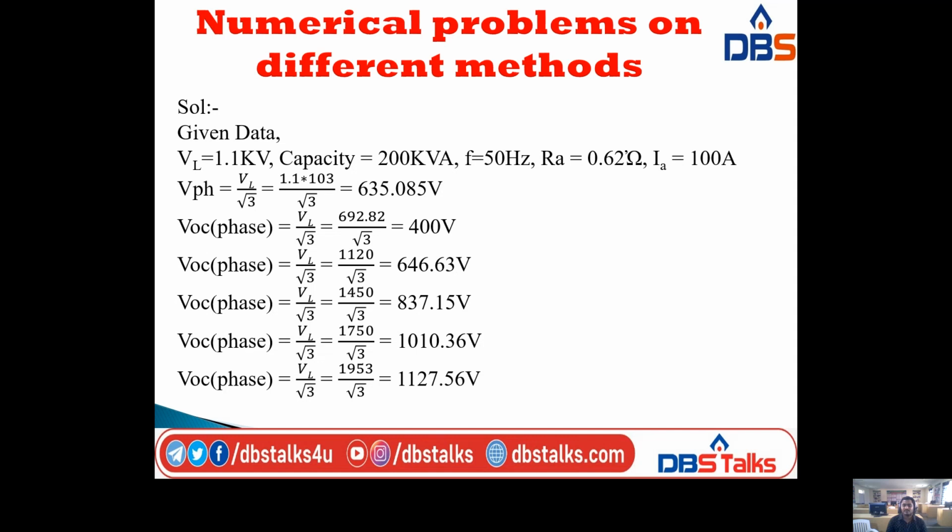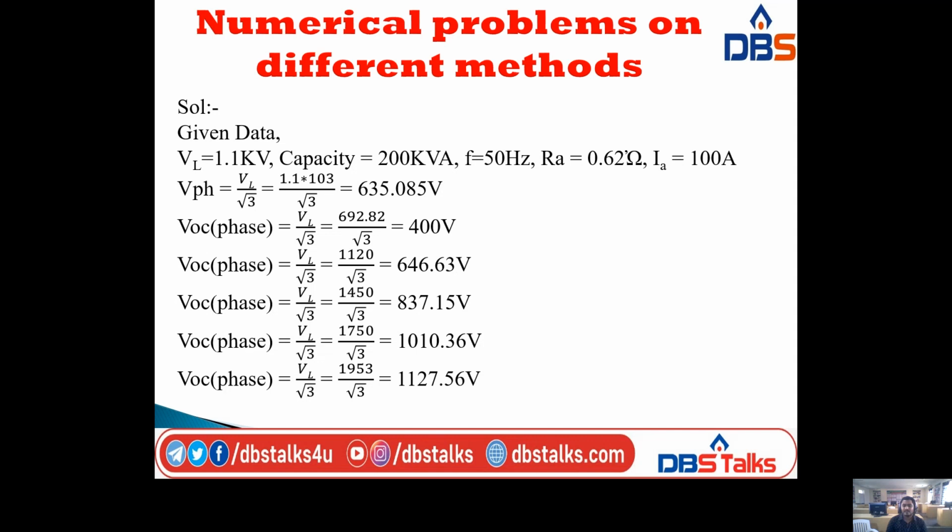We have 400 volts for the first case. Coming to the second field current and second short circuit current values, the open circuit voltage per phase is 1120 by root 3, equal to 646.63 volts.